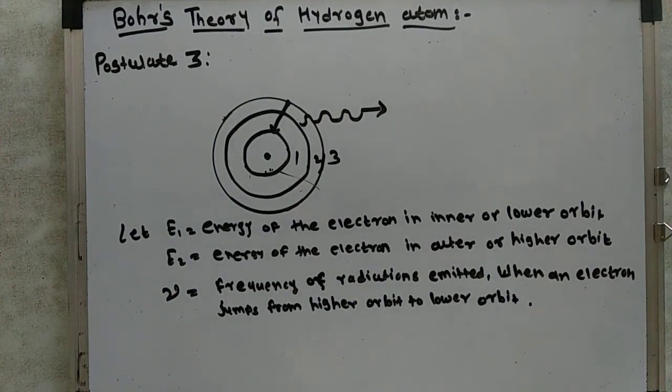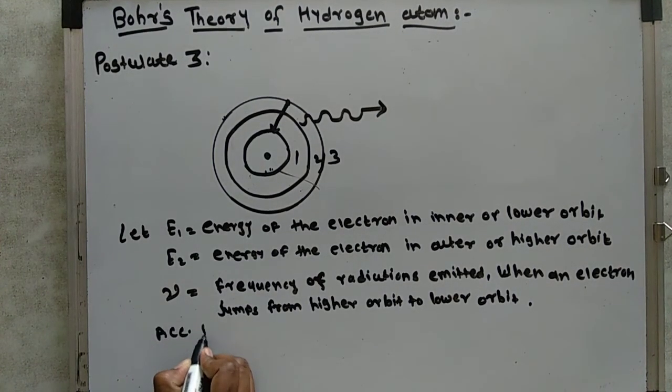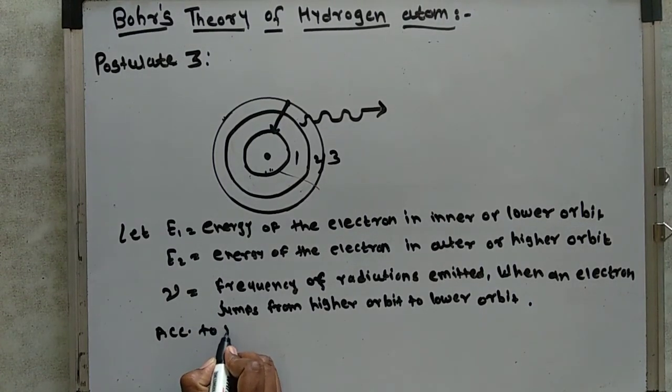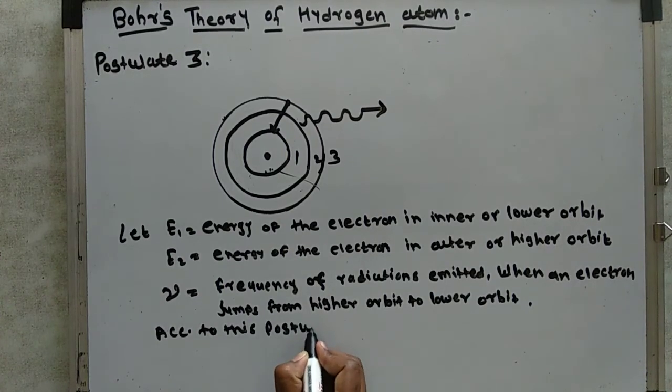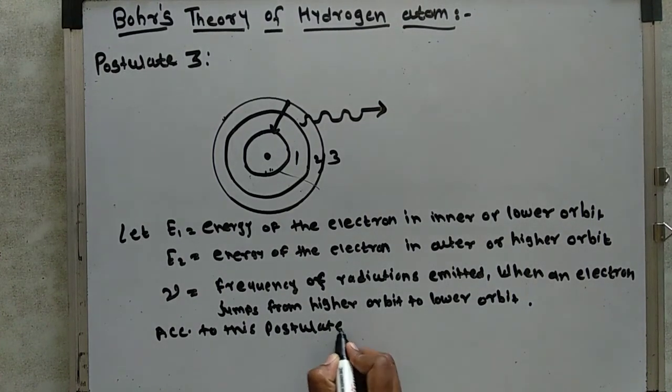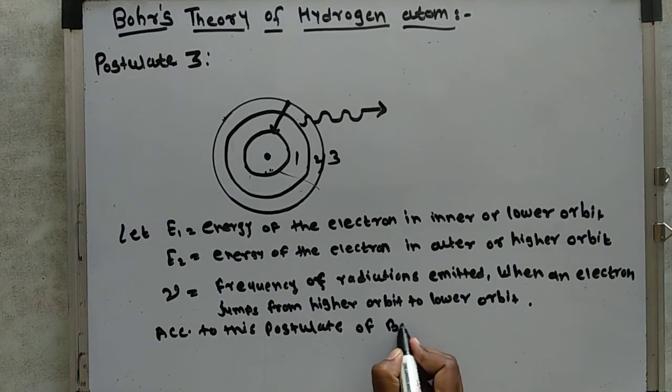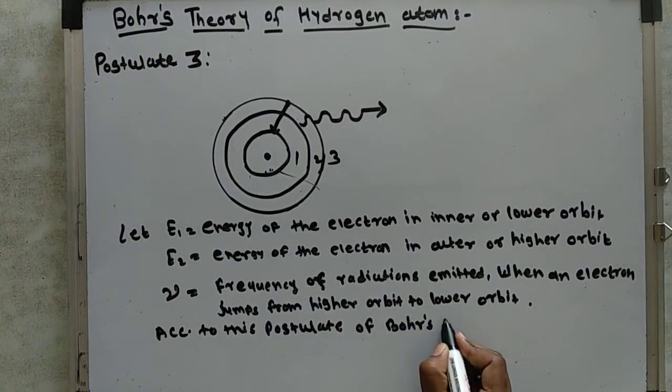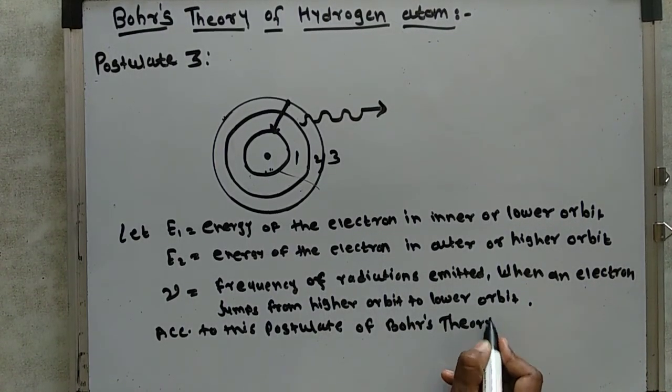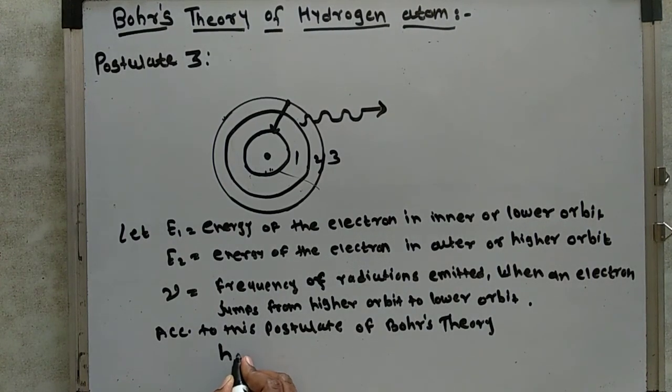Now, according to these postulates of Bohr's theory, we have h nu is equal to E2 minus E1.